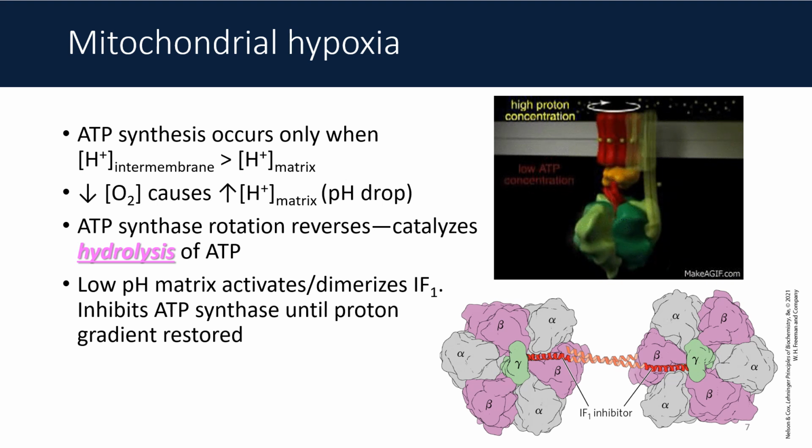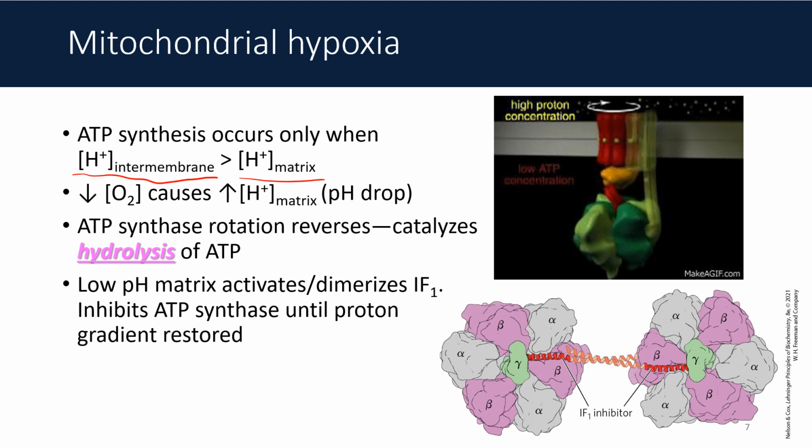So said another way, ATP synthesis is only going to occur when we have, well, oxygen as a terminal electron acceptor, of course, and when the concentration of protons in the intermembrane space is exceeding that of the mitochondrial matrix. We need to have that gradient. The pH of the intermembrane space needs to be lower relative to that of the mitochondrial matrix.